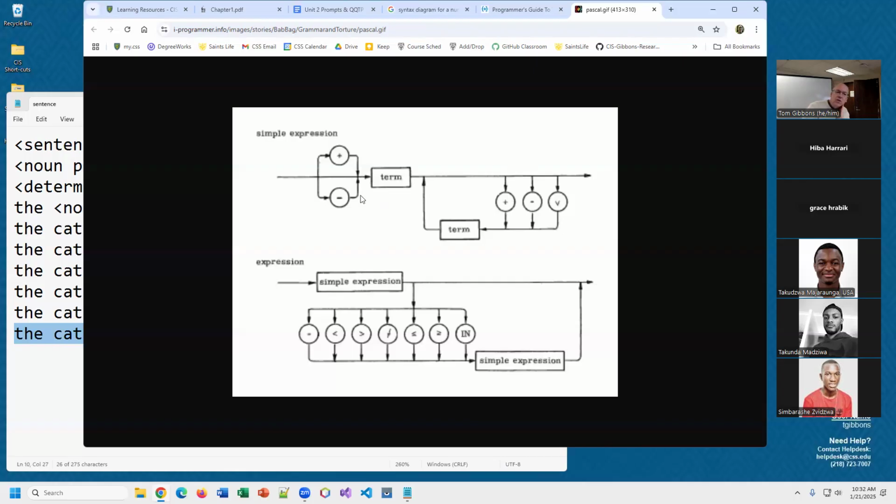A term could be like X or Y, or a number. So you could have a simple expression like 47 plus 18: 47, then plus, another term like 18, and finish there. That's just a diagram of that.